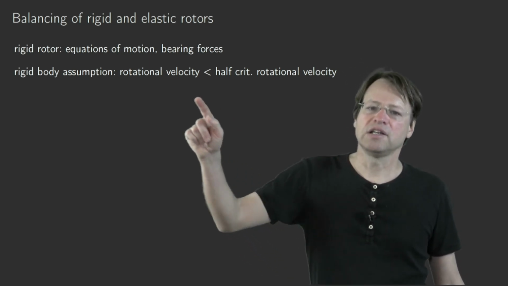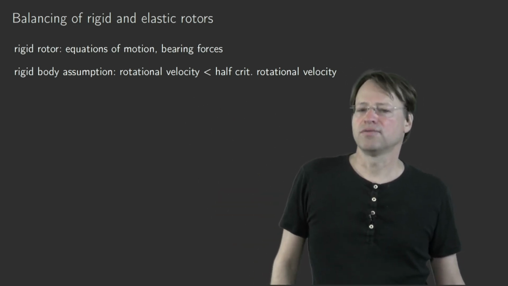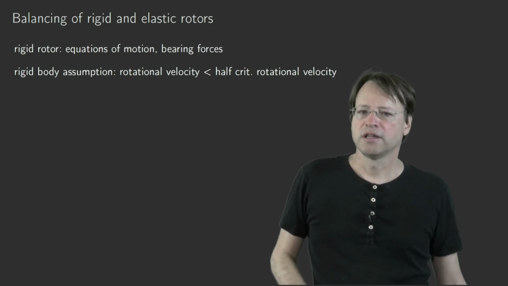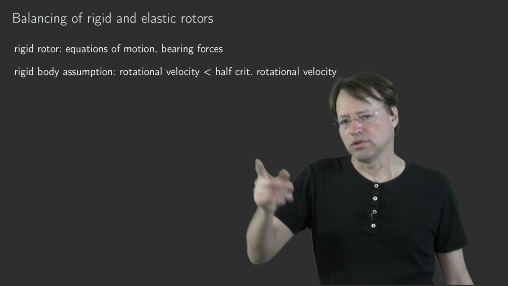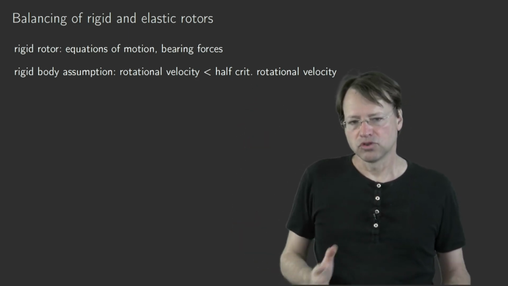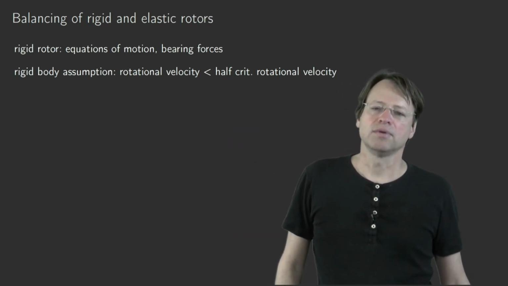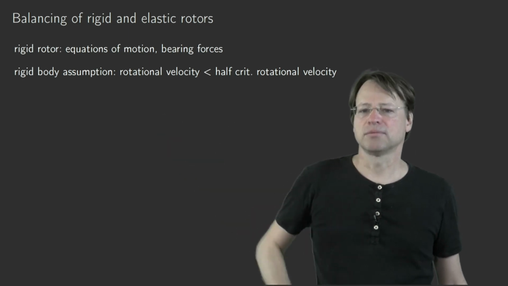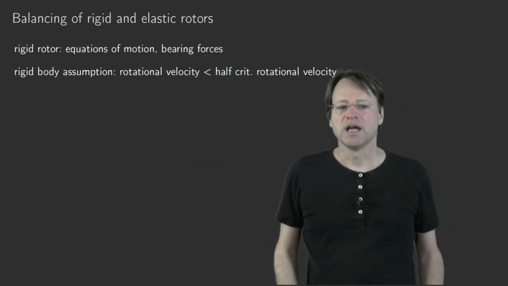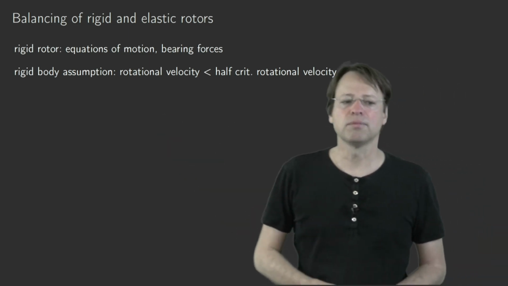And this is exactly the point. So if we are in the very strong subcritical range, half of the critical rotational velocity, then we can make use of that rigid body assumption, and we can treat our rotor as a rigid block of mass.